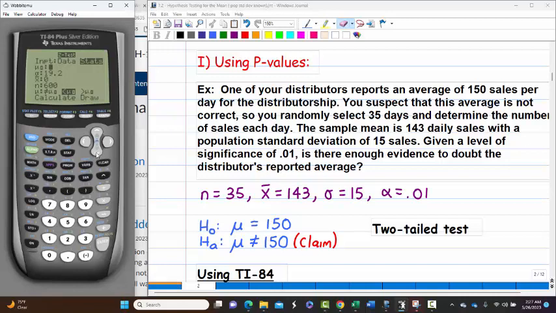Now the mu0 is the value we're testing, the hypothesized mean, but we don't need that fancy term. It's 150. Population standard deviation is 15.